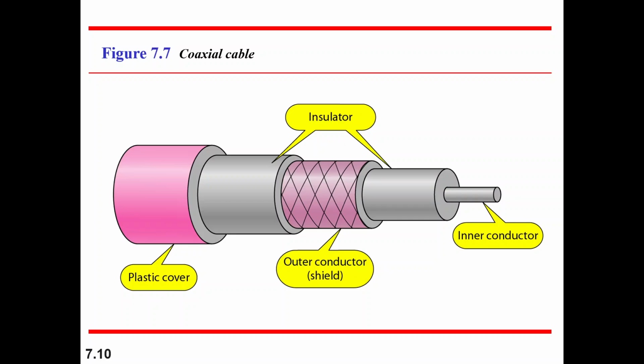Instead of having two wires, coax has a central core conductor of solid or stranded wire, usually copper, enclosed in an insulating sheath, which is in turn encased in an outer conductor of metal foil, braid, or a combination of the two. The outer metallic wrapping serves both as a shield against noise and as the second conductor which completes the circuit. This outer conductor is also enclosed in an insulating sheath, and the whole cable is protected by a plastic cover.